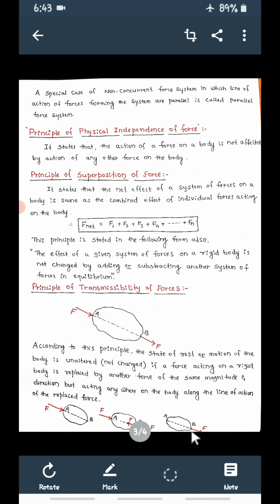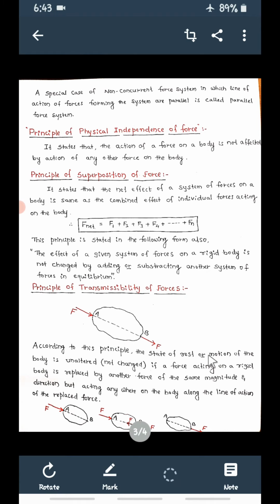If I apply the force here, then the body is going to move in this direction now. Okay, it should be moved in the same direction, means same magnitude you are going to apply, same direction you are going to apply, and another important thing is same line of action. The replaced force should be along the same line of action.